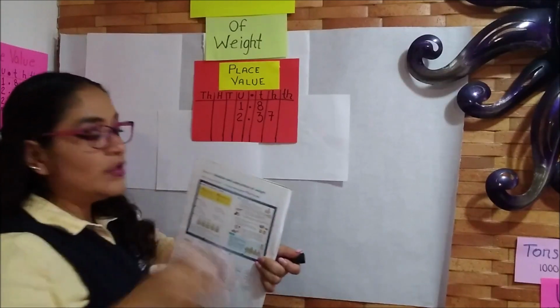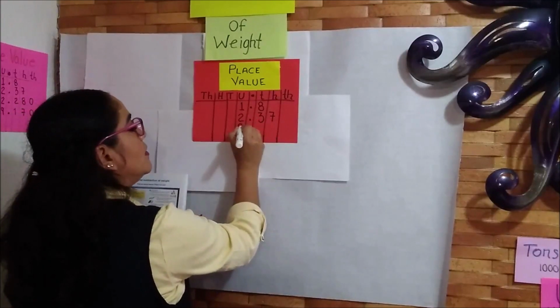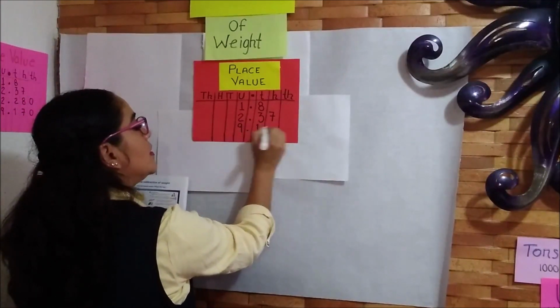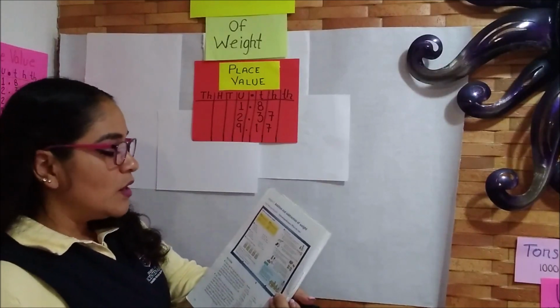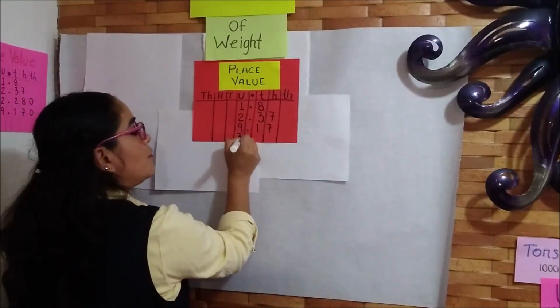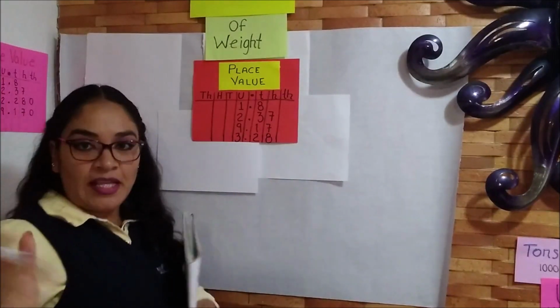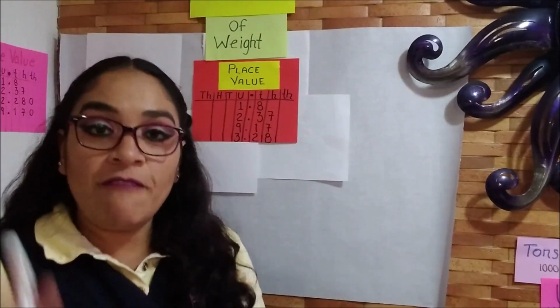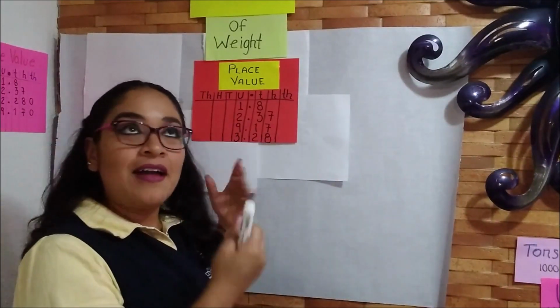Our third amount, from example number 2, is 9.16. And then we have 3.28. Why are we reviewing this? Because I need to emphasize the importance of arranging the numbers in the correct way.